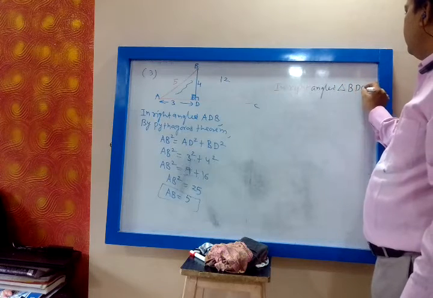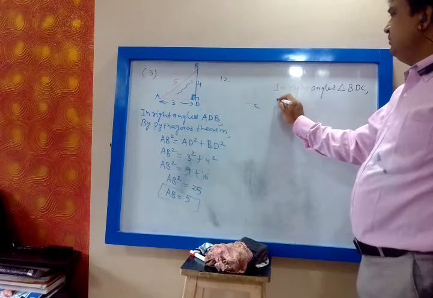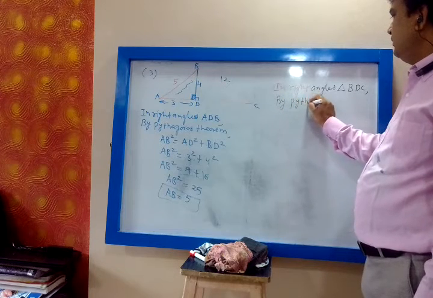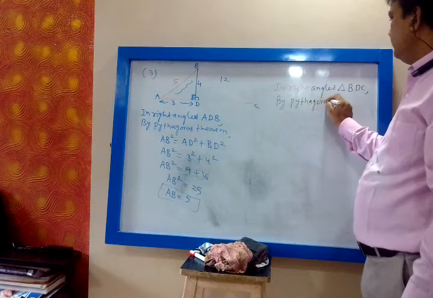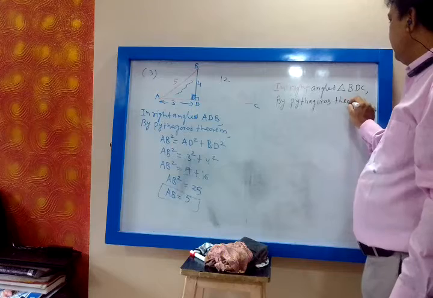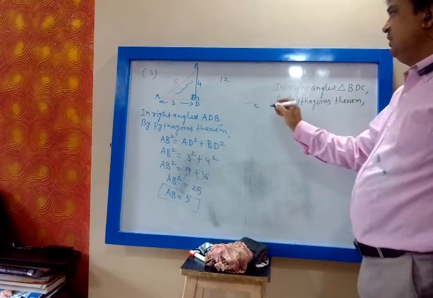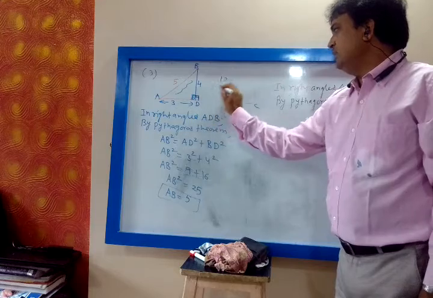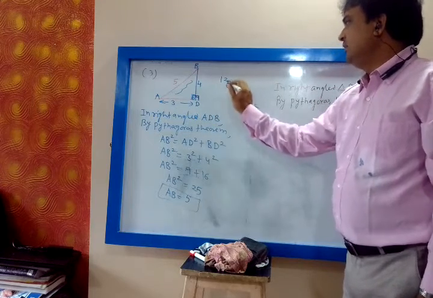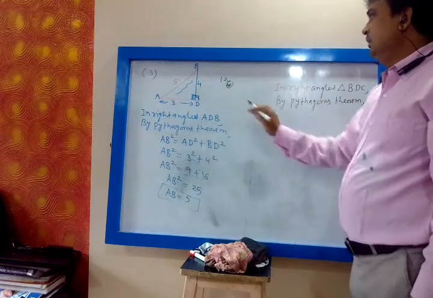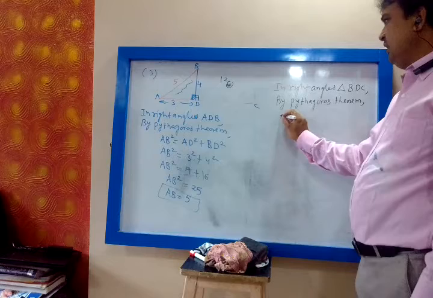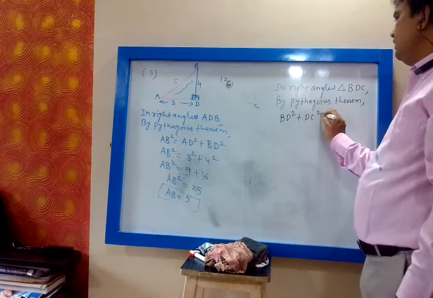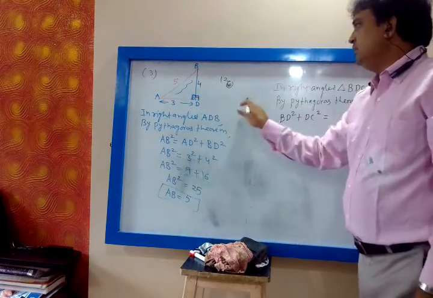By Pythagoras theorem, this is 90 degrees, so this is my hypotenuse, my dear.